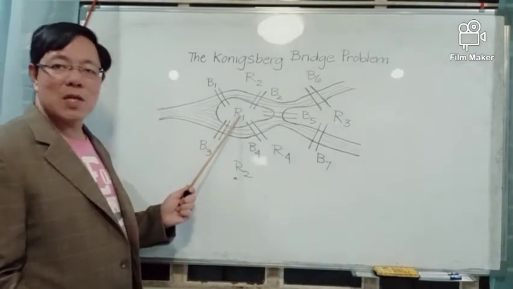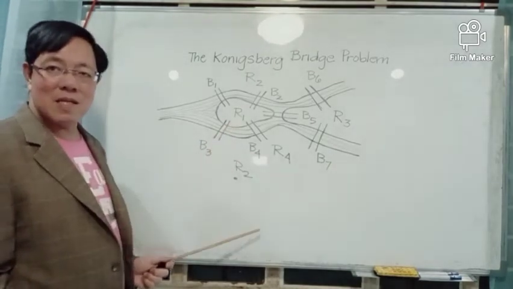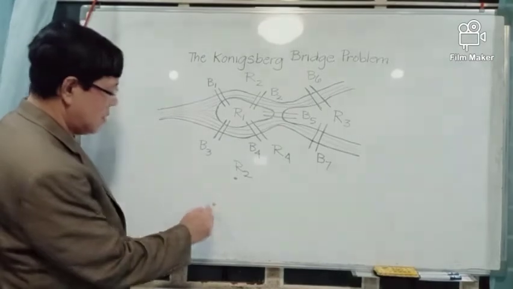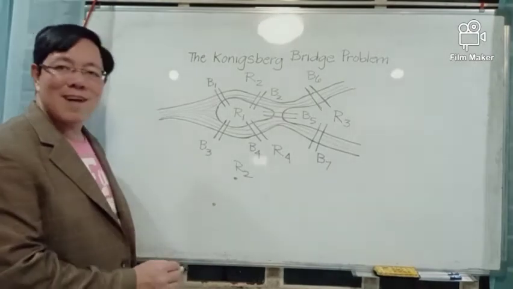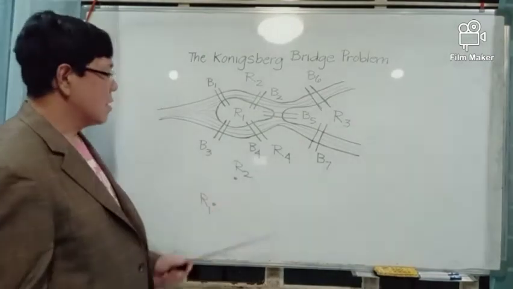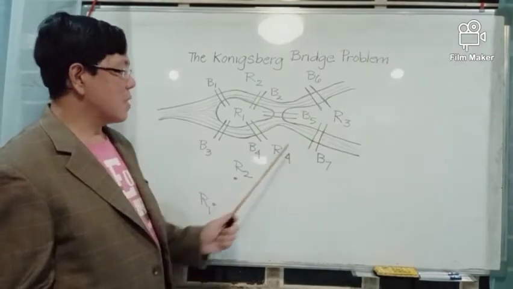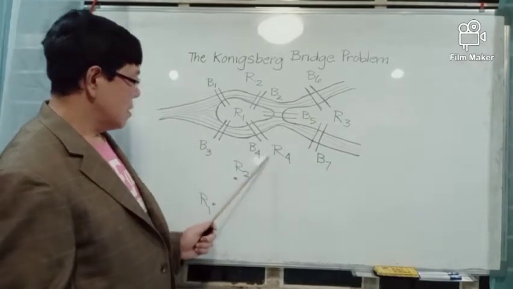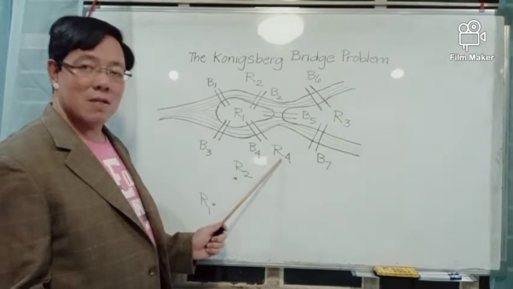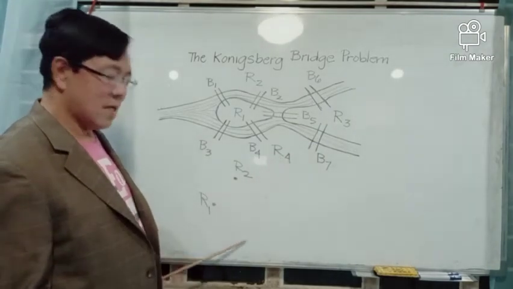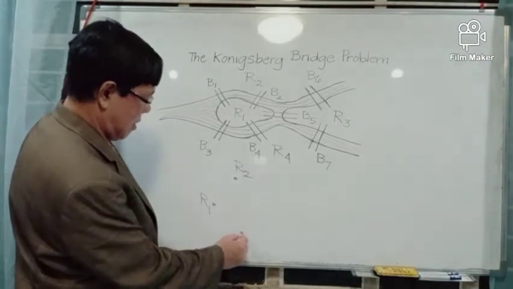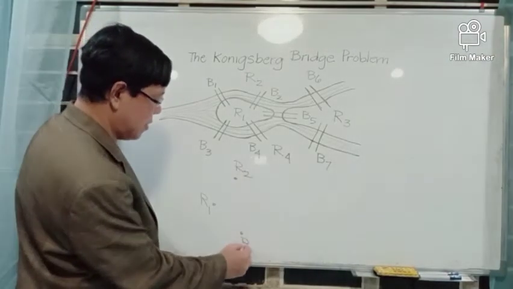And the first region, denoted by R1, will be represented in a graph by a vertex, and we will call this vertex R1. The fourth region, this fourth land area, will be represented in the graph by another vertex, and we call this R4.